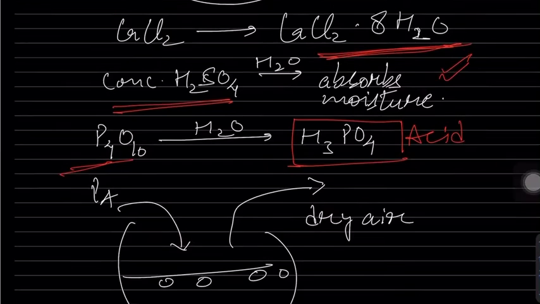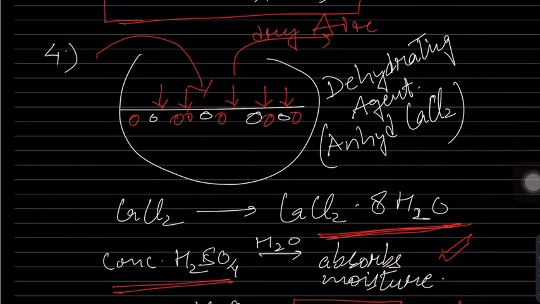So what actually happens? The dehydrating agent absorbs all the moist air which is maintained at a pressure of PB.